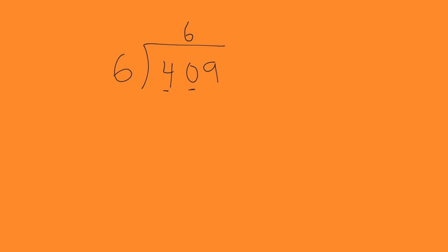Notice I wrote that in the ones place. Now we know 6 times 6 is 36 because now we did our division. Now we multiply. Then we subtract. 40 minus 36 is 4. Then we bring down, which is 9.